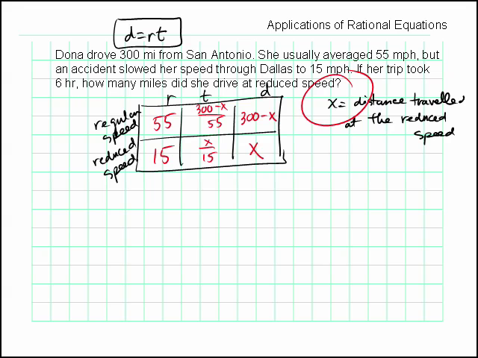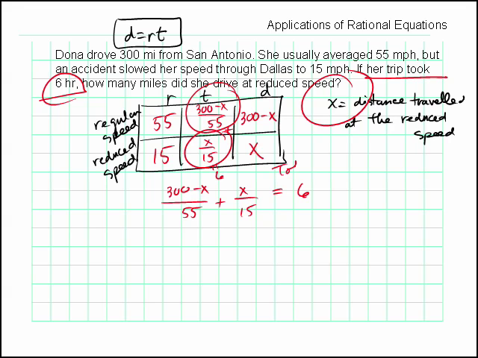Now, in this problem, we do not set the times equal because it doesn't say anything about equal time here. It says her trip took 6 hours. So what that means is the entire trip is 6 hours. This time at the regular speed plus this time at the reduced speed, if you put all that together, that's her entire trip, and the entire trip took 6 hours.